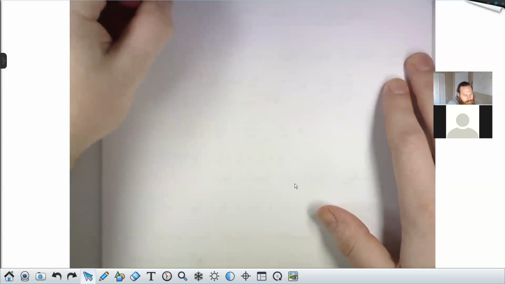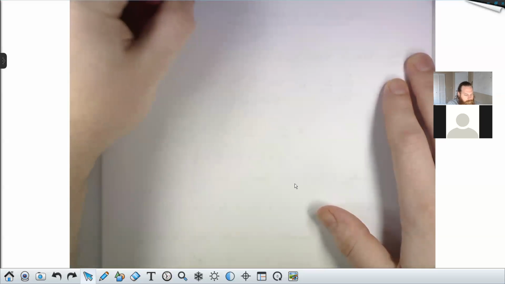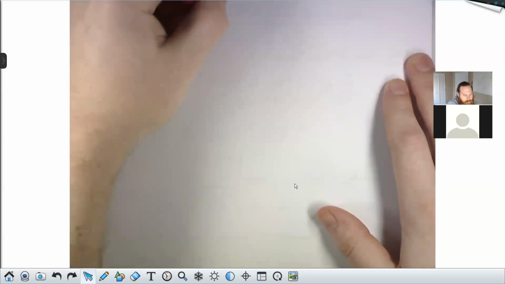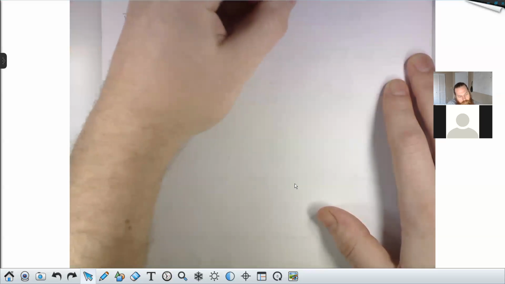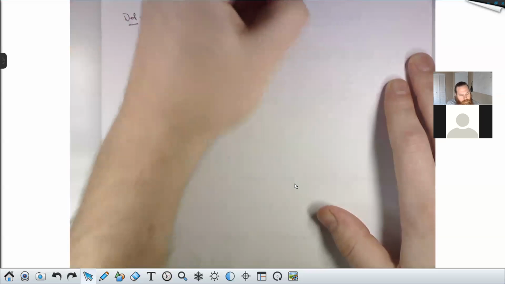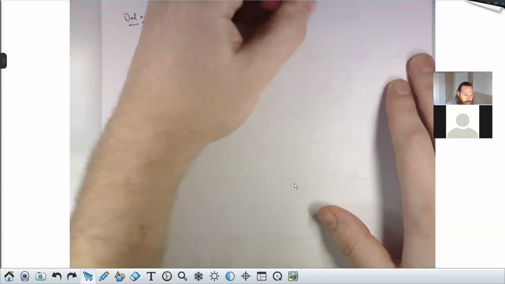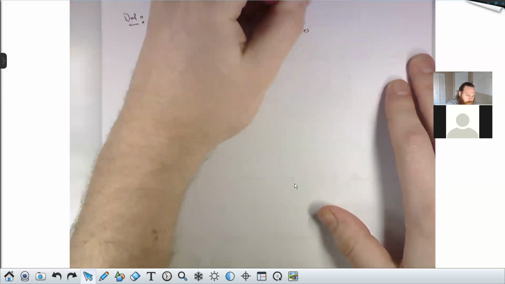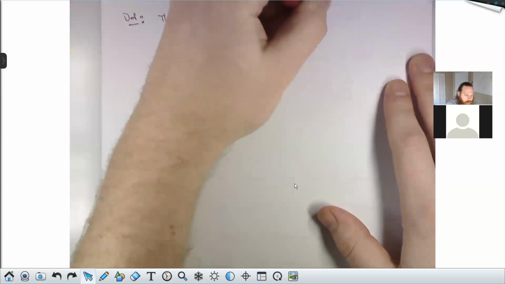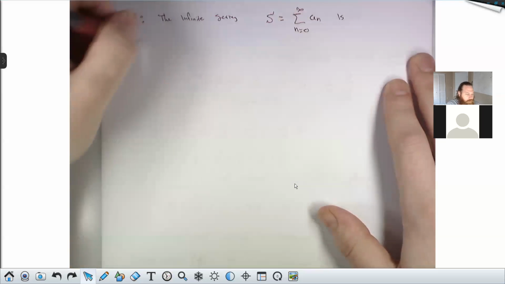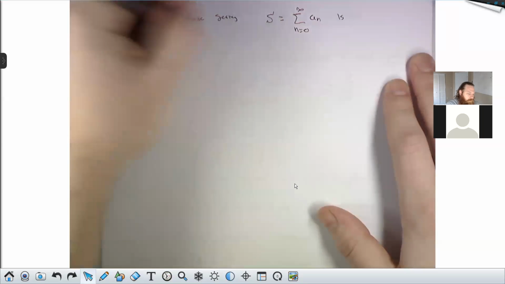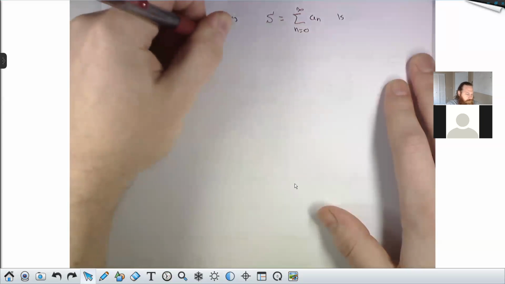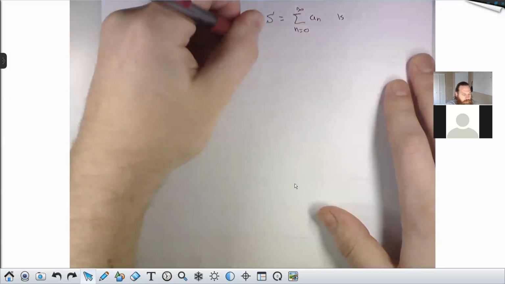The infinite series, and I'll usually use the symbol S for the whole series. The infinite series S, which could be the sum from 0 to infinity of an, is defined as a limit. As a limit of finite sums.